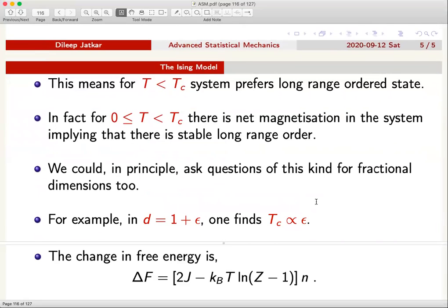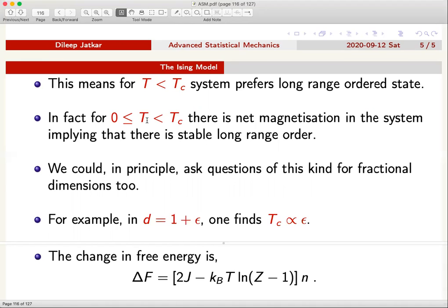The other thing that we could, of course, do is that we studied the 1D Ising model and we also studied the 2D Ising model. You could ask a question, what happens if we treat the dimension as a continuous parameter? It's not something that we normally do, but it's a useful thing to do, particularly when you do, say, quantum field theory analysis.